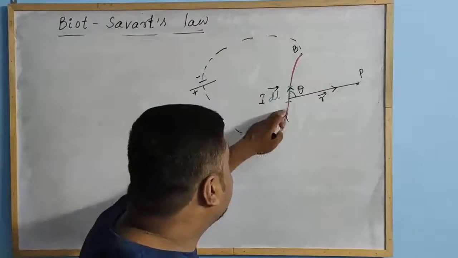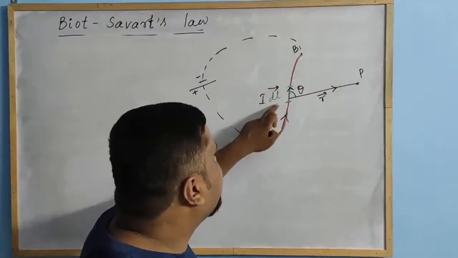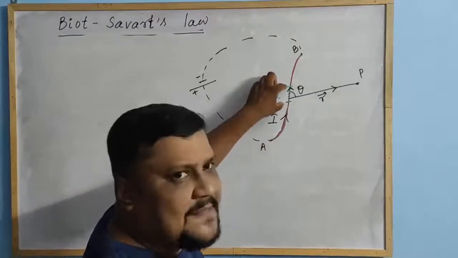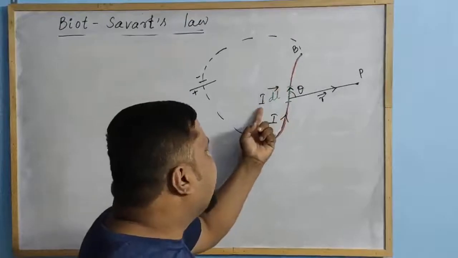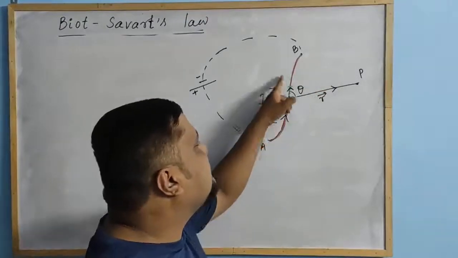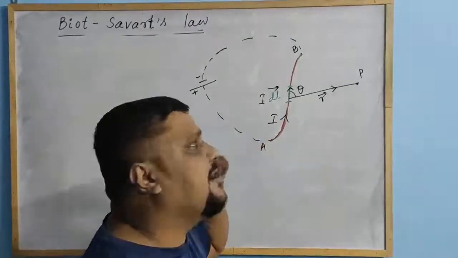And again I explain this Idl, current into this small element. This is a vector. If you consider a small element dl from the conductor and multiply it with I, the current in the conductor, this is called the current element. Clear?